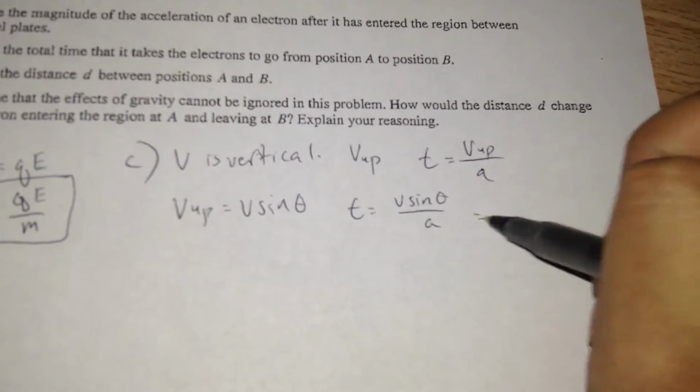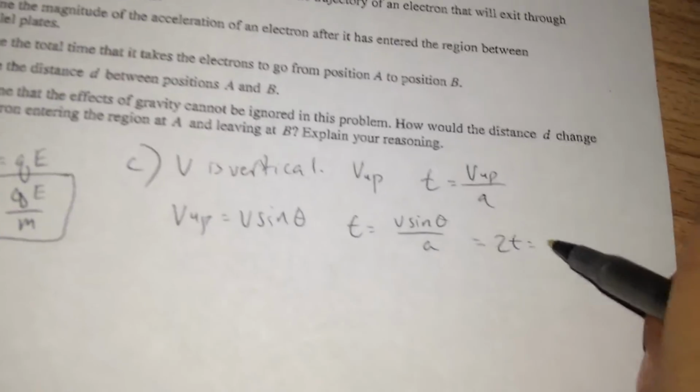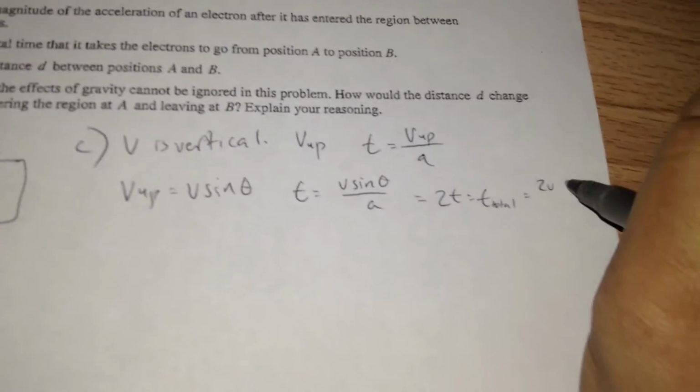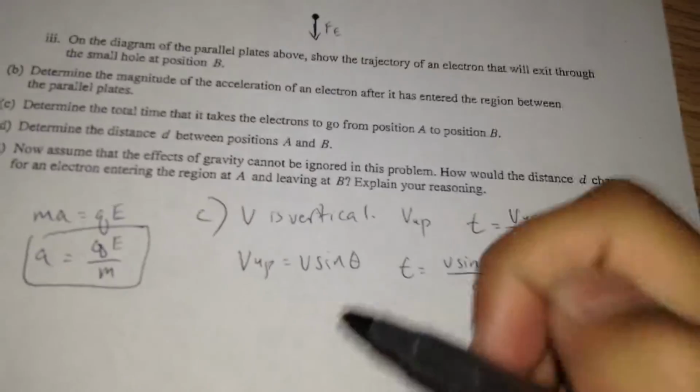So you have 2t, which for t total will equal 2v sine theta over a.